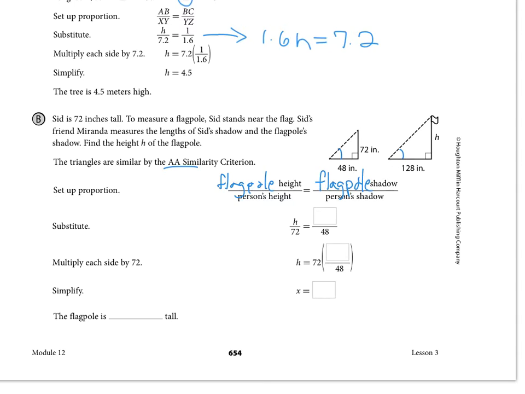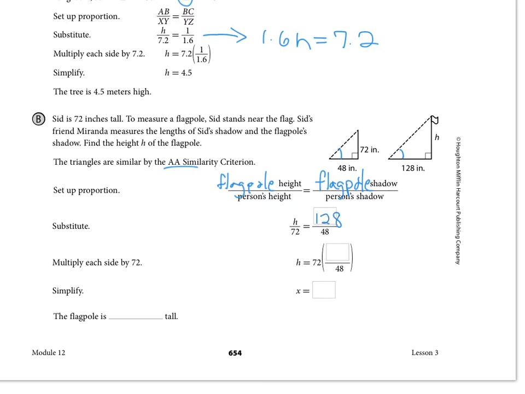So substituting what we know from the problem here, the height of the flagpole is our unknown. We know 72 is the height of Sid. He's 6 feet tall, or 72 inches. And then we know that the flagpole's shadow is 128 inches.